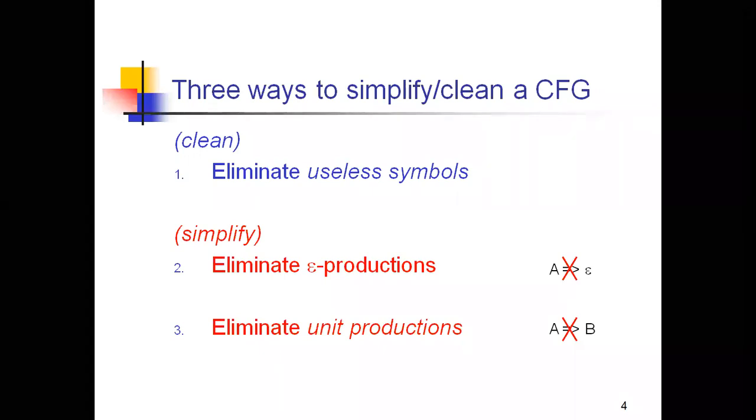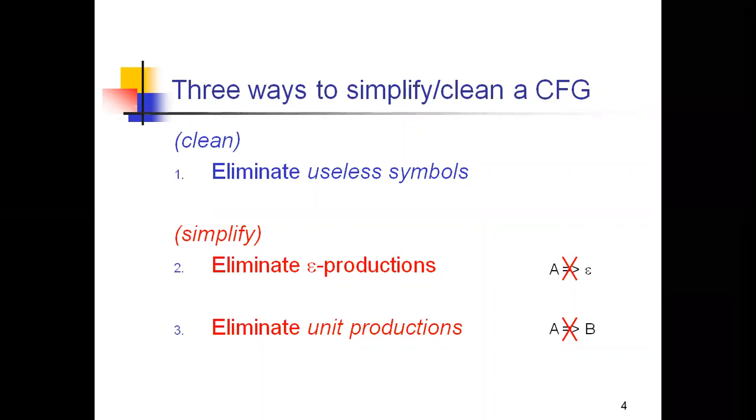I already explained two of these concepts: the elimination of epsilon productions and the elimination of unit productions. Elimination of epsilon productions can also be called reducing nullable productions, since epsilons can be called nullables. I explained that concept with a three-step procedure, and the same for unit productions, also with a three-step procedure.